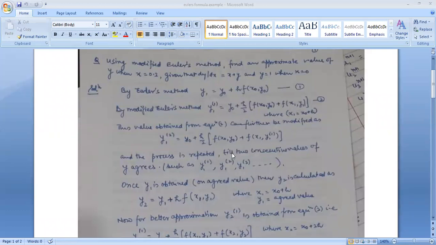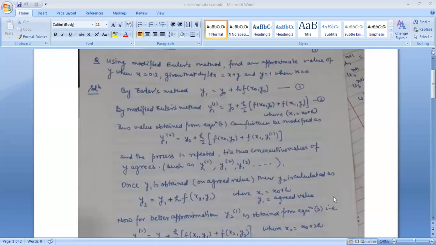And this process is repeated till we get the value on which we agree. Meaning thereby, we will be calculating y1(1), y1(2), y1(3), y1(4), and this process is repeated till two consecutive values of y1 are equal.